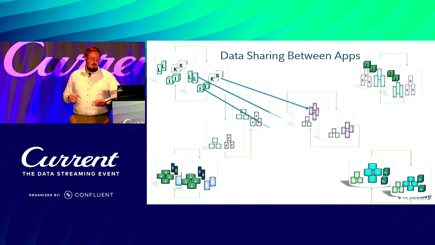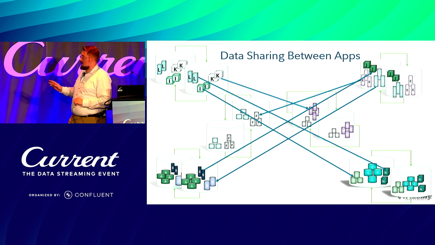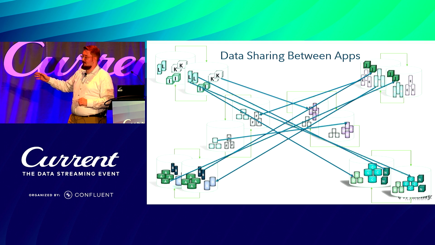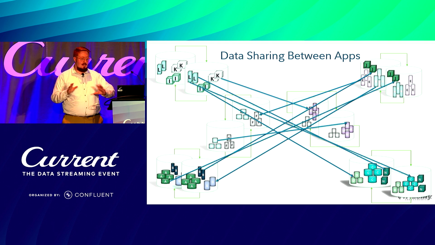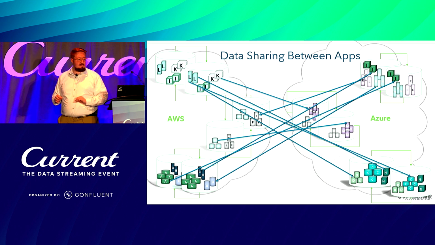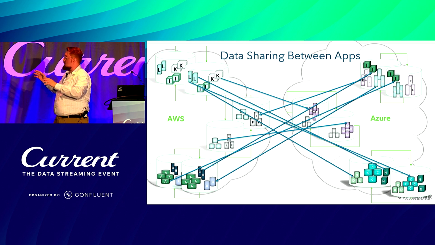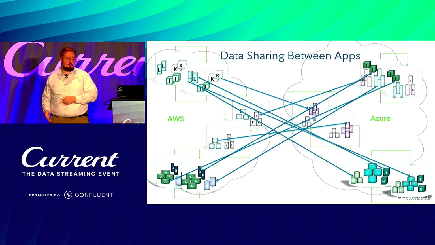See, as you let more and more applications do this, it looks less like architecture. It looks more like spaghetti. And so this is really just not going to work, right? The problem becomes multifold when you have applications that reside across cloud providers, and they need to talk across VPCs and across all of this peering and all of this work that you have to do that's just going to be really messy really quickly, right?